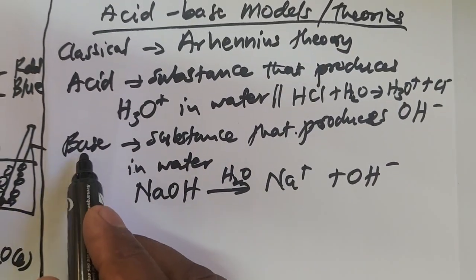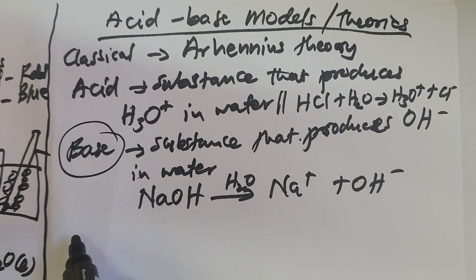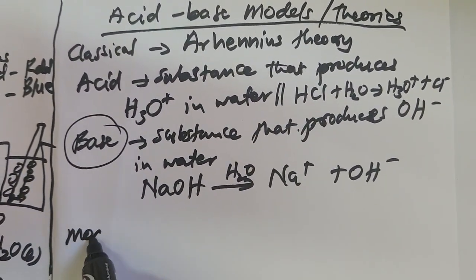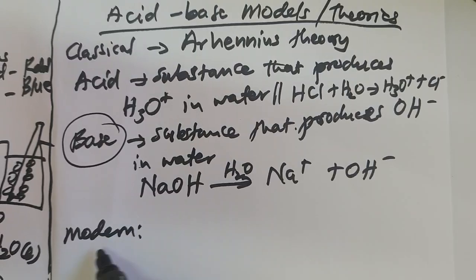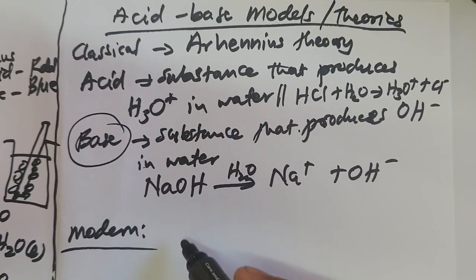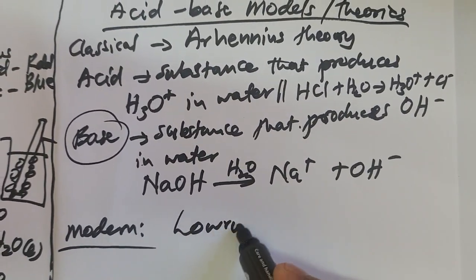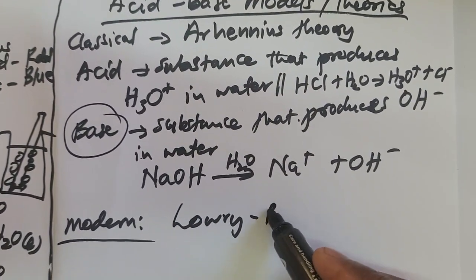Then came the modern theory, which revised this stance to say it is not always that a base will produce OH minus. The so-called Lowry-Bronsted theory repealed the second definition.